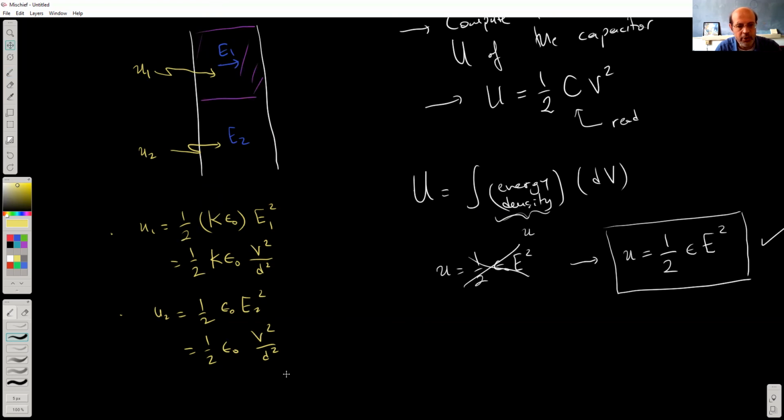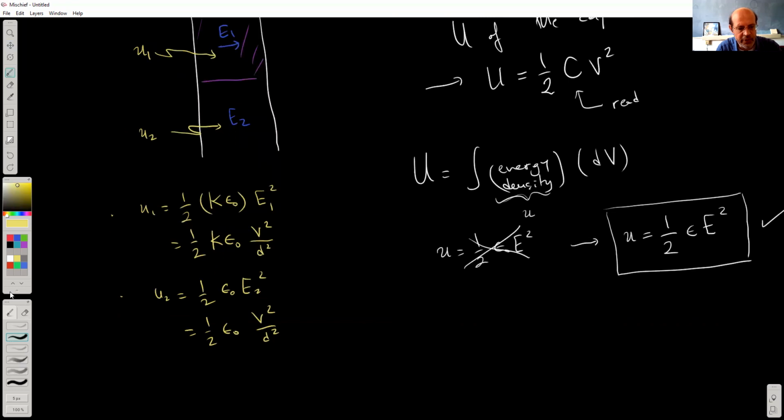Okay, so what's the total energy? For the total energy, let me use a white color. The total energy is equal to the energy density in the first part multiplied with this volume. The volume is basically area times the separation. So that's basically the volume of the dielectric.